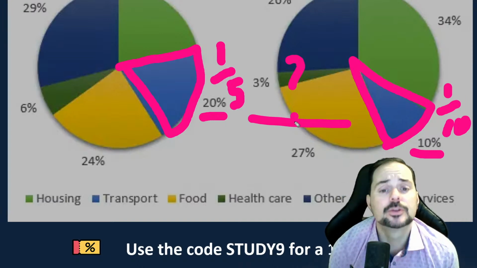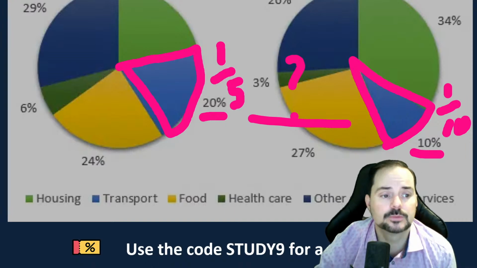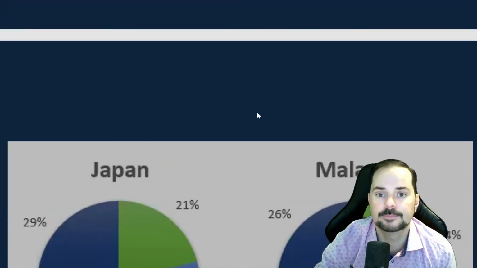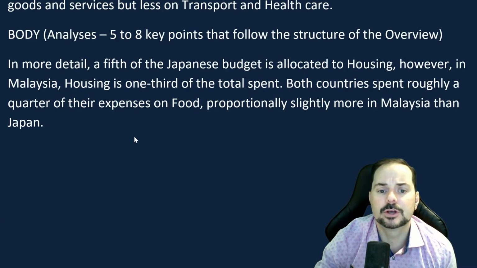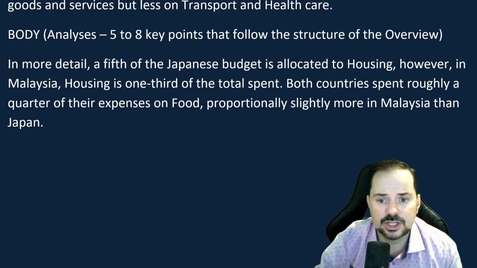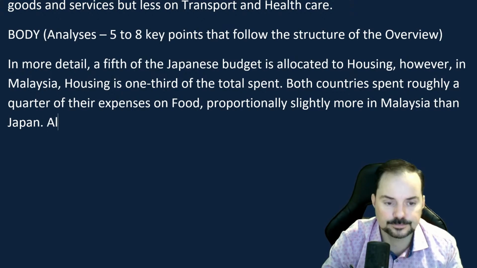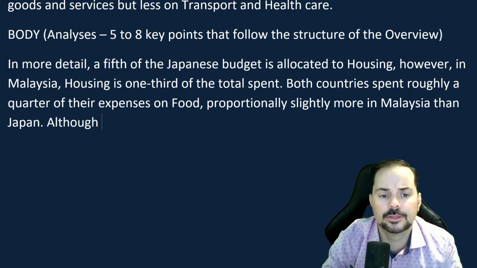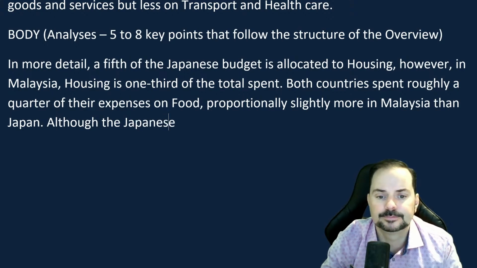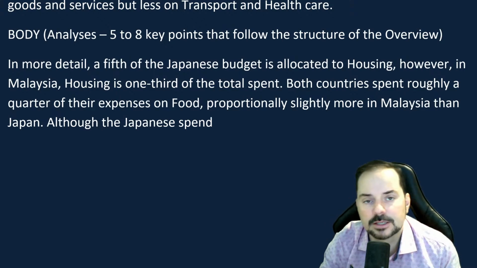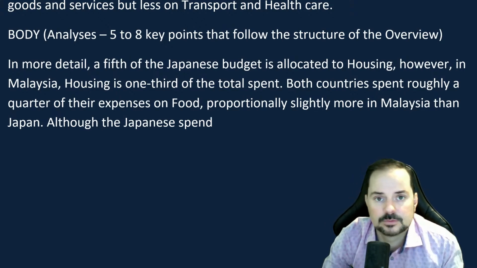That makes sense. So this is the interpretation part. So that's what we want to write. Transportation. Okay. So although the Japanese spend, not spent, because it's not past, right? It's present. It's general.